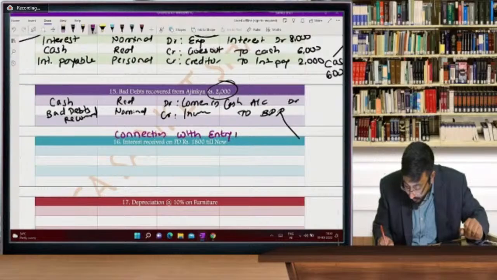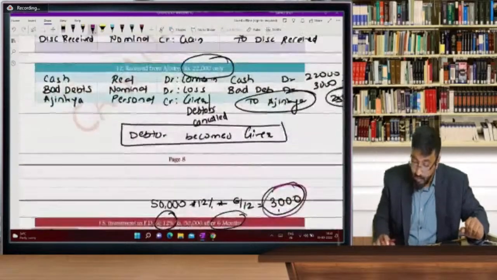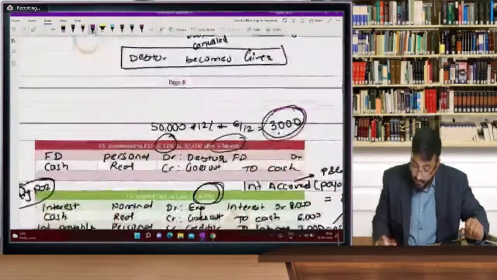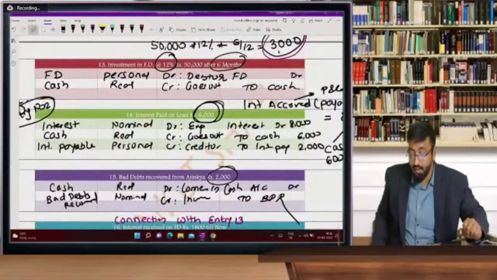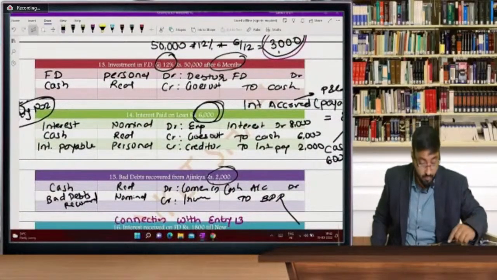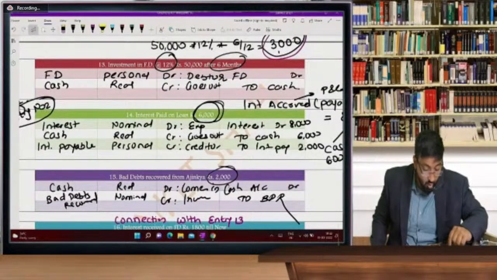Entry 13. So on the FD, 3,000 amount is received. No, beta, debentures is not considered.